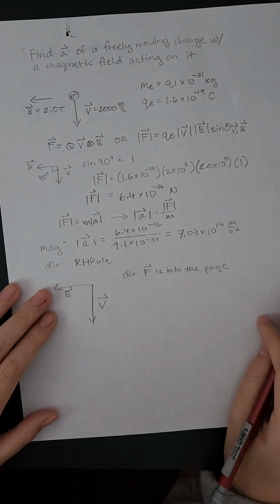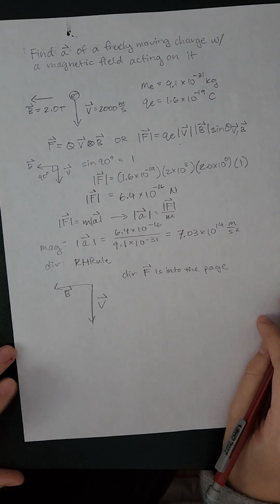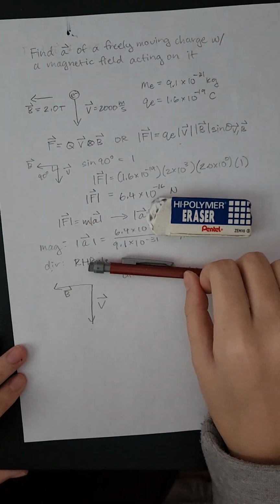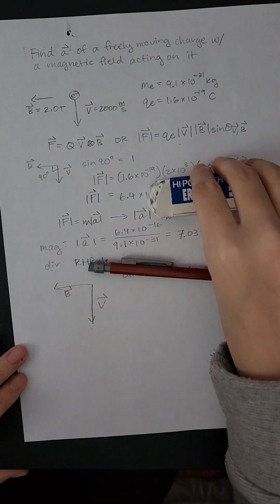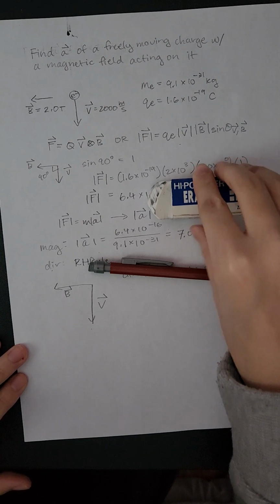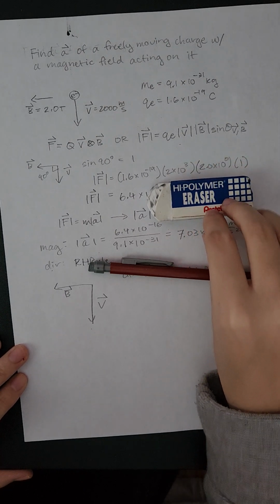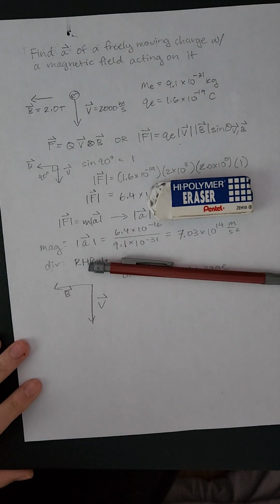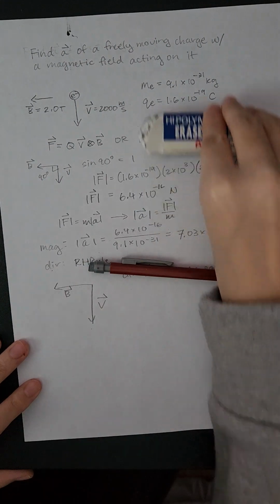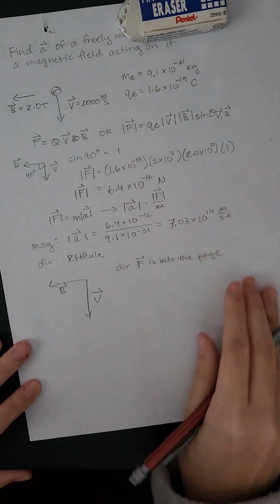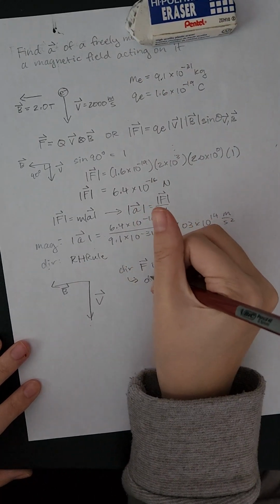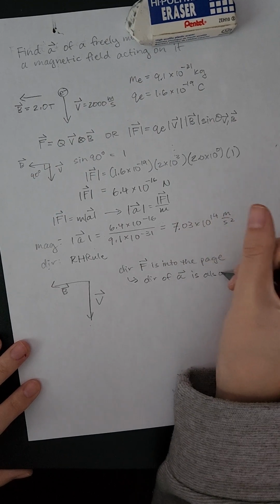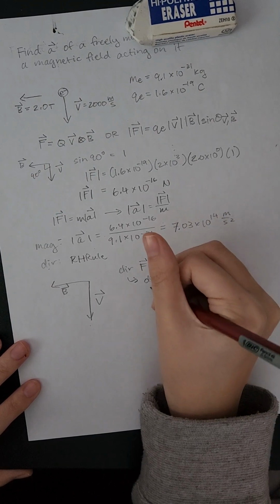And by Newton's second law, if we apply a force on an object, the acceleration should have the same direction as the force. So that means the direction of A is also into the page.